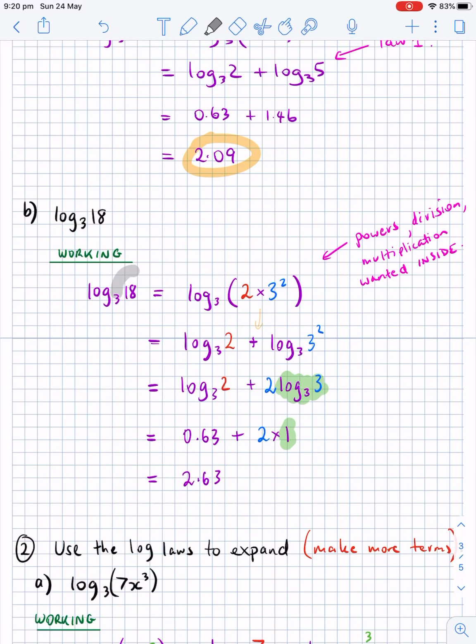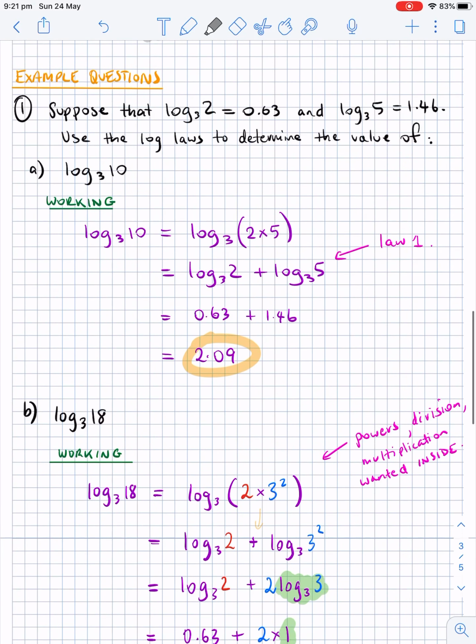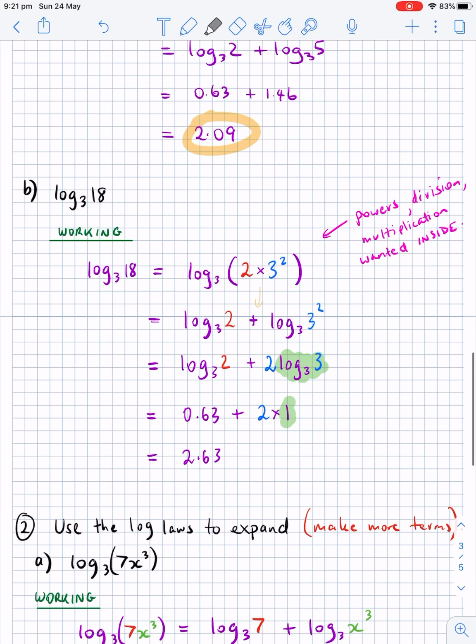So I can manipulate 18 to be 2 multiplied by 3 to the power of 2. And these are really good numbers because we're dealing with numbers like 2, 5, and 3. And when you're timesing, remember, you can split it up so it's instead plussing, and each of these parts has its own log. Remember that this expression here, which has a power of 2, that 2 can come to the front and multiply instead.